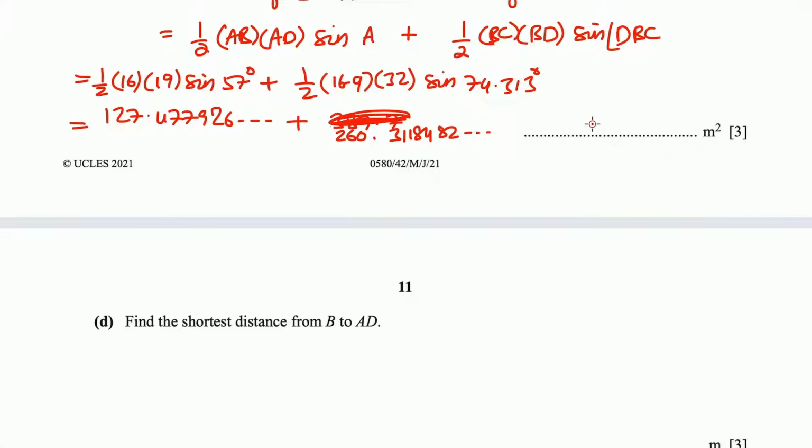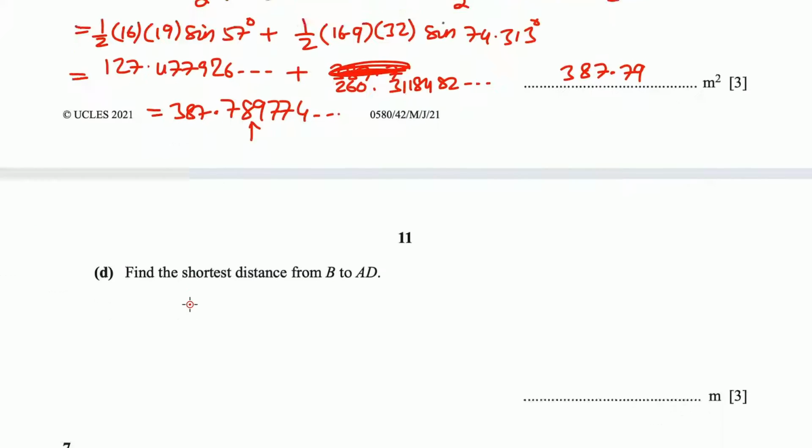If I add both of them, the answer would be 387.789774 and so on. If I calculate the value correctly, it would be 387.79. If I cut it here, since 9 is greater than 5, 8 will become 9. So the correct answer is 387.79 meter square, and that is the answer for the question.